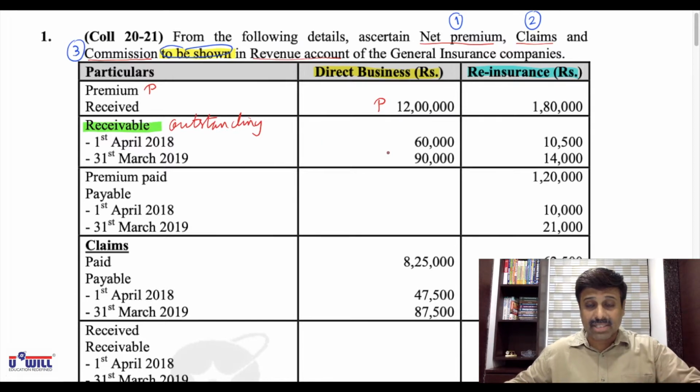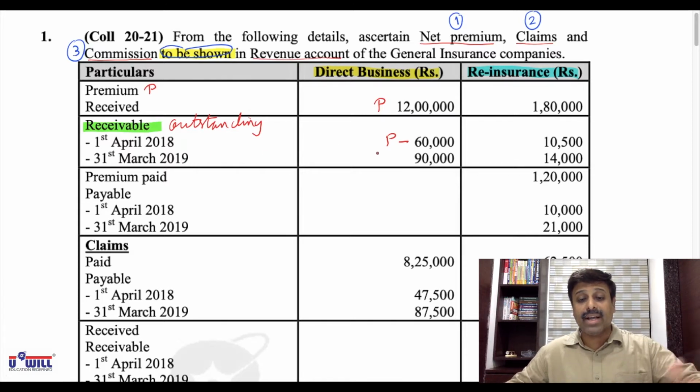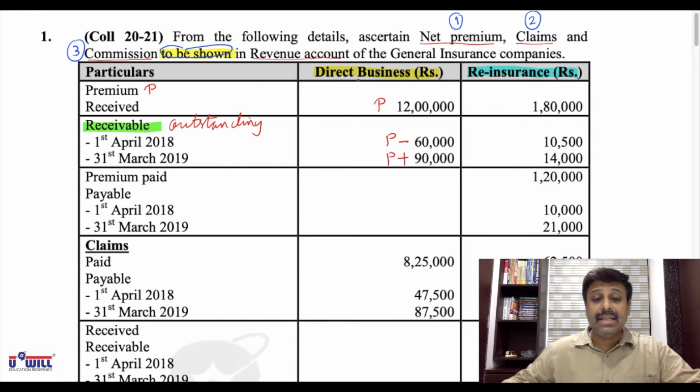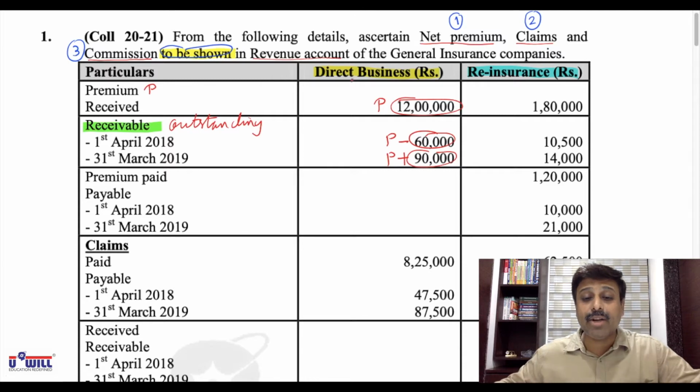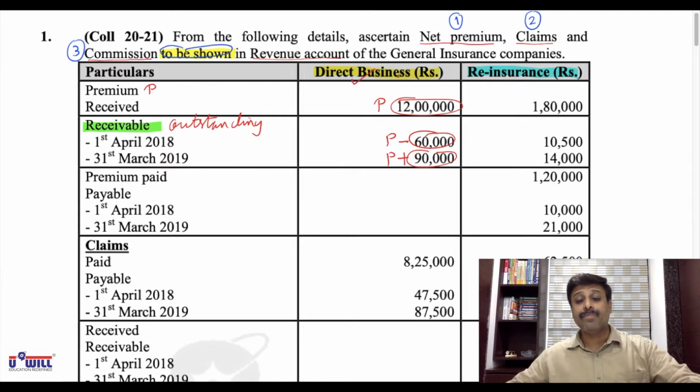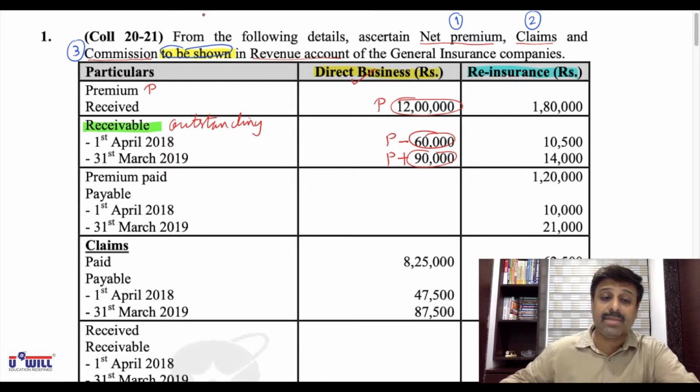So whatever was outstanding last year, we will minus from this 12 lakhs of premium income. And 31st March 2019 means the current year's outstanding. It belongs to the current year, but we have not received it, so we will add. Means in this amount of 12 lakhs, we will minus 60,000 and we will add 90,000. This is all related to direct business.